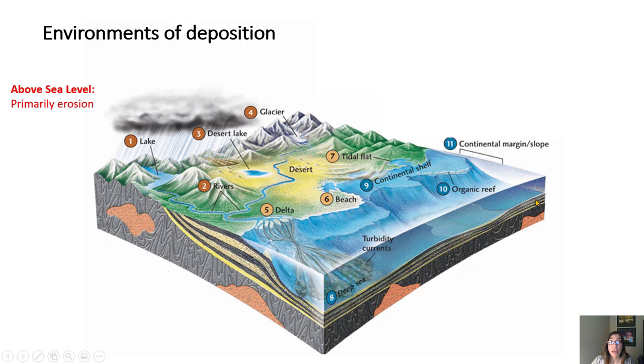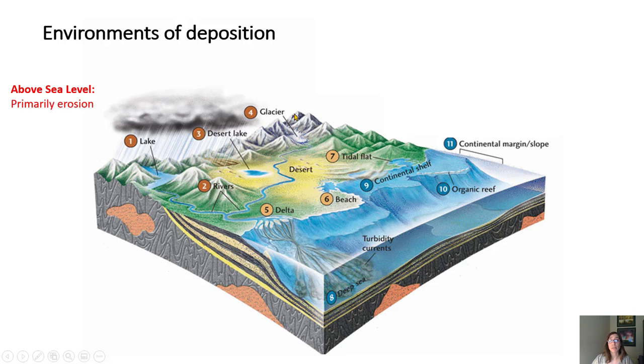In general, any environment that tends to be above sea level primarily undergoes erosion. We have this idea that mountain ranges and any rock that's exposed above sea level is exposed to physical and chemical weathering and is being eroded. But there are areas of deposition above sea level, in glaciers, in desert lakes and deserts, rivers and lakes.